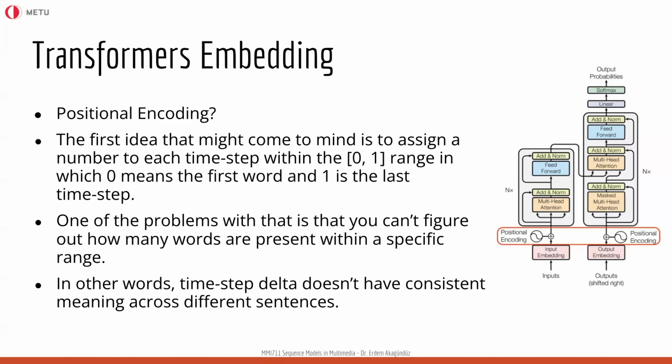I mean, you're all very good engineers or scientists or computer scientists, statisticians. You're coming from different backgrounds. But the first idea that comes to mind could be assigning a number to each time step between 0 and 1. So 0 means the first word and 1 is the last. So if I have a sentence like "I am happy" with the dot token, that's 4 tokens.